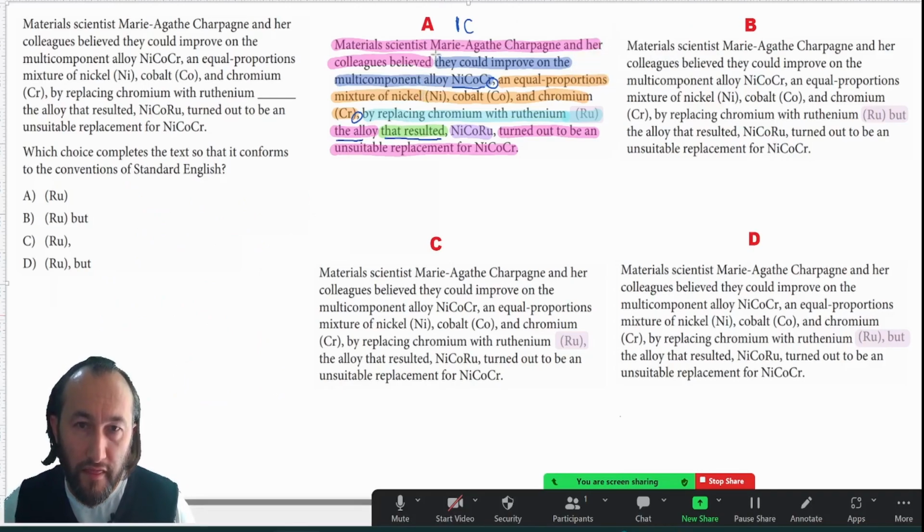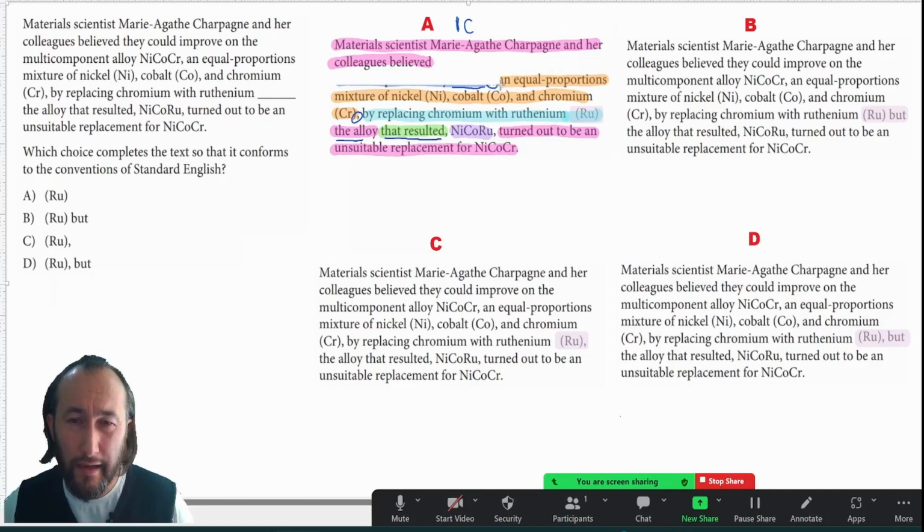For example, "they could improve on" is a noun clause, which is a dependent clause, so I don't need that. An equal proportions mixture, that's extra information. I can remove it because it doesn't do much here for the sake of understanding this question, right?